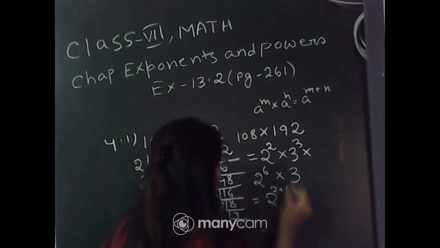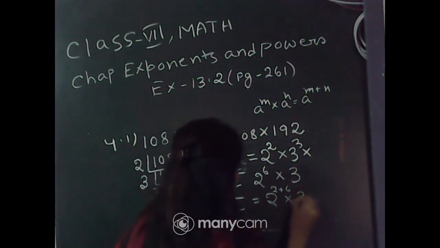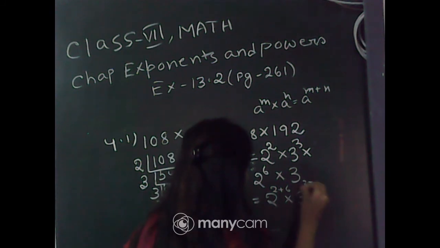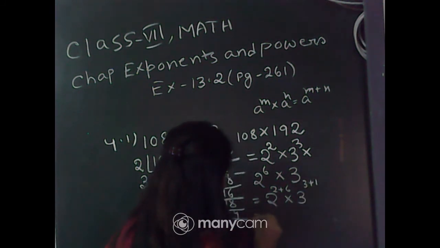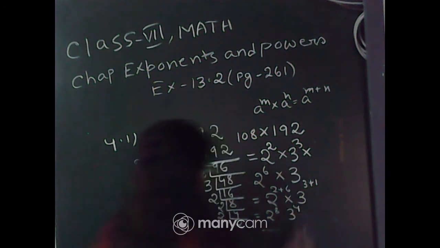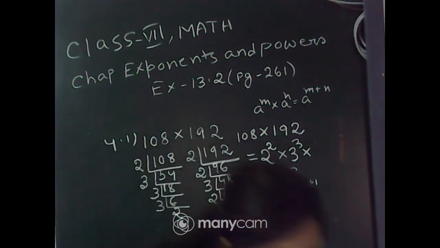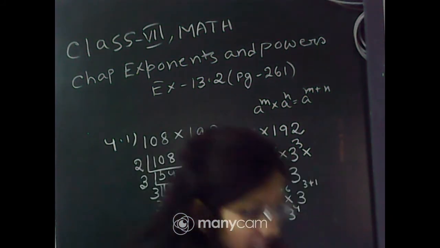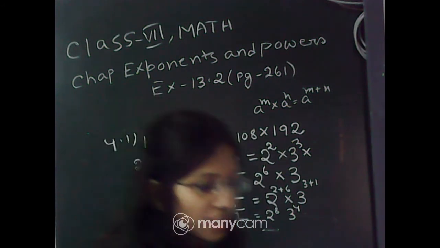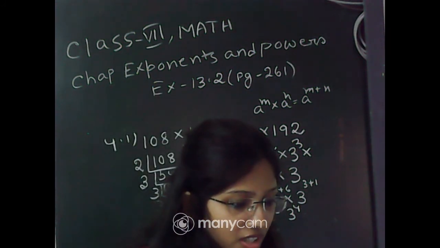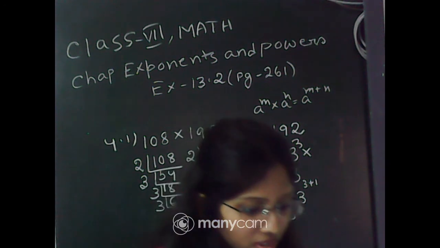Again we use this law and we get 3 to the power 3 plus 1, and the final answer is 2 to the power 8, 3 to the power 4. Clear? The final answer is 2 to the power 8, 3 to the power 4. Up to this portion, any problem? If you have any doubt, then you can ask me.